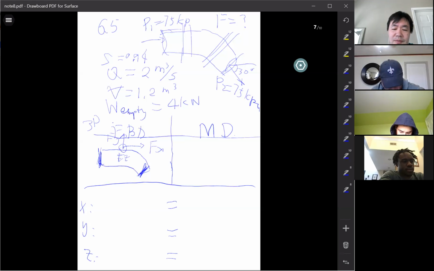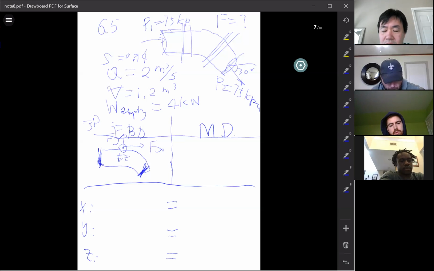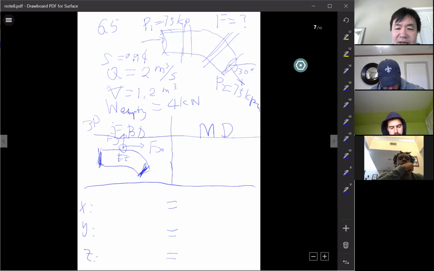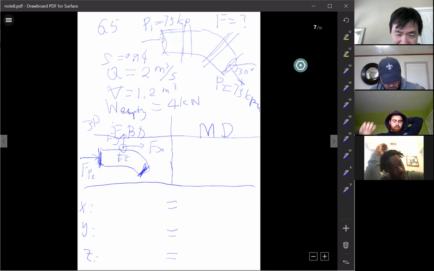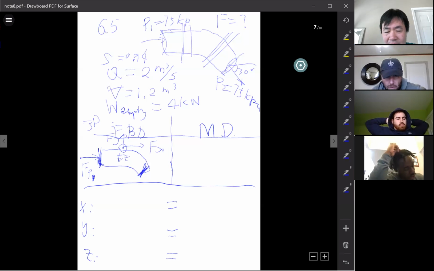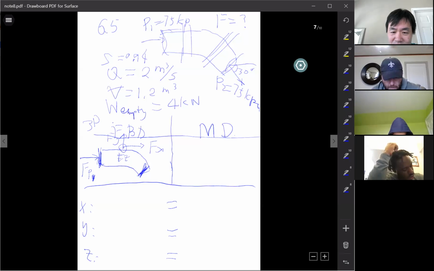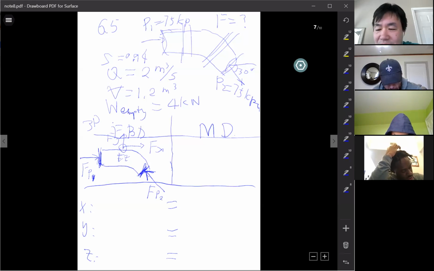What other forces? Free body diagram. Pressure force. How many do you have for this problem? Two pressure forces, FP1 and FP2. FP2 points towards the surface, although the flow direction is opposite.